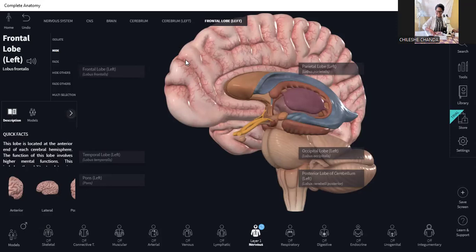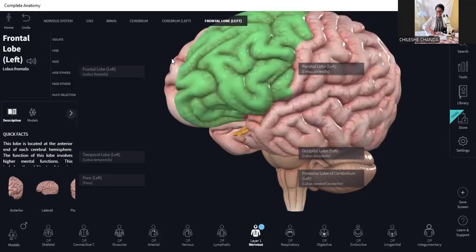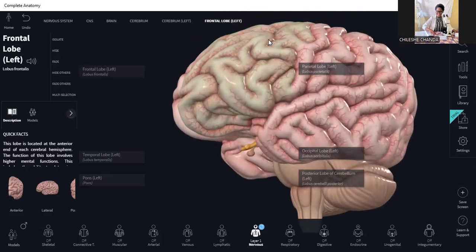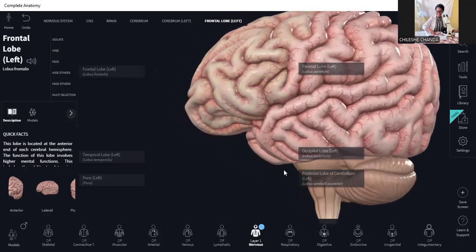So one cerebral hemisphere, as earlier mentioned, is made up of 4 lobes. These lobes are named according to the bones of the cranium that they underlie. For example, the first lobe here is known as the frontal lobe.